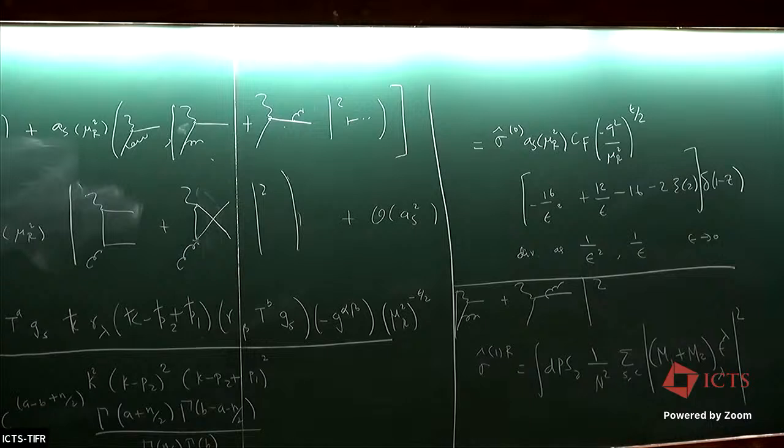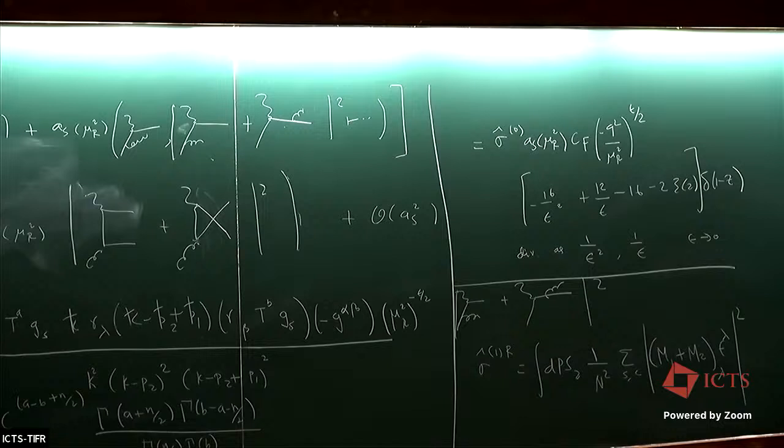So you write down the two amplitudes and square them, then do the phase space integral. I don't know whether I should do that, but I will just illustrate how this can be done. You use this parameterization.